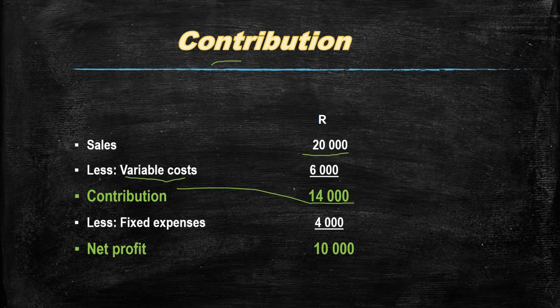After we've gotten our contribution, now we can less the remaining component of expenses, which is the fixed cost of 4,000, which in turn gives us a net profit of 10,000 rand. Same answer, but a more detailed presentation when it comes to the contribution. This is how you calculate the contribution.